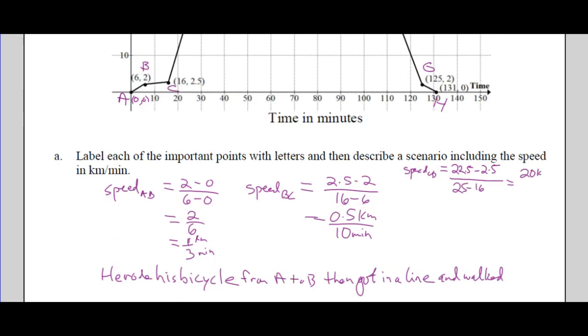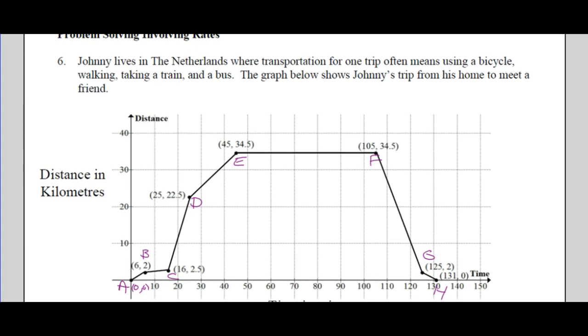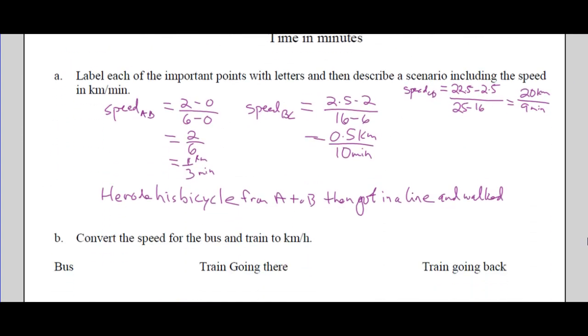So that's 20 kilometers in 9 minutes. What type of conveyance is going to take you 20 kilometers in 9 minutes? Bus. So we've got taking a train, then the bus. So let's say he walked to the train, which he rode from C to D.